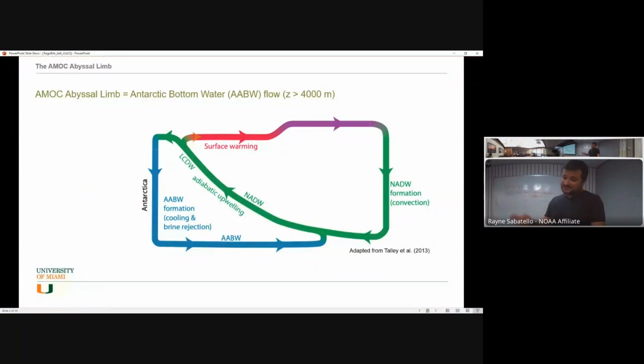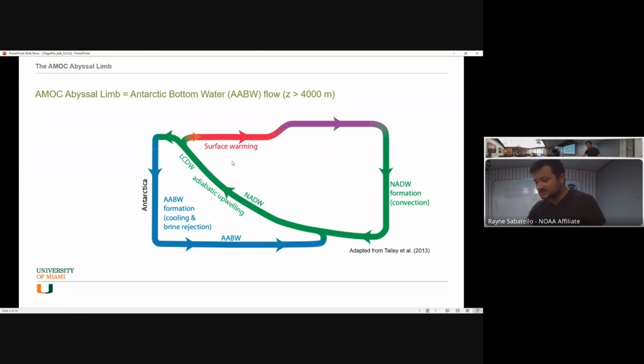So first things first, what do I mean by the AMOC abyssal limb? Here we are essentially talking about the Antarctic bottom water flow that is mostly below 4,000 meters in the global oceans. You've probably seen this picture before.